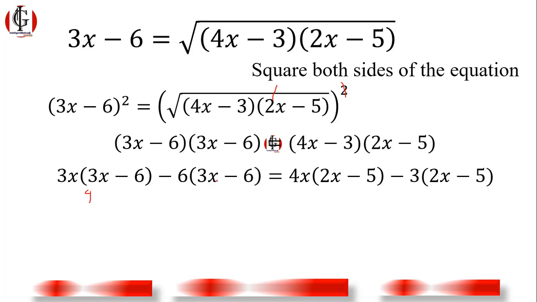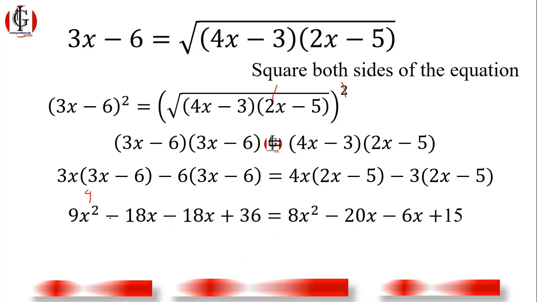Minus 6 times minus 6 gives 36, equals 4x times 2x, which gives 8x squared. 4x times minus 5 gives minus 20x. Minus 3 times 2x gives minus 6x. Then minus times minus is going to give us plus 15; minus 3 times minus 5 gives plus 15. So we have 9x squared minus 18x minus 18x plus 36 equals 8x squared minus 20x minus 6x plus 15.